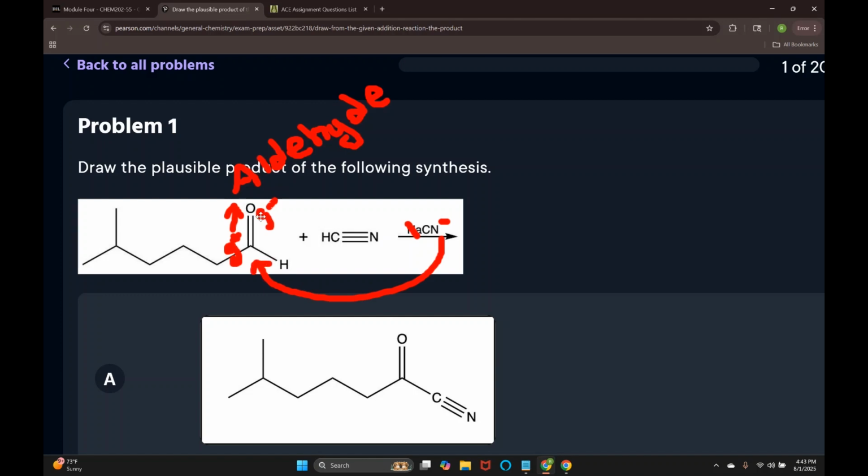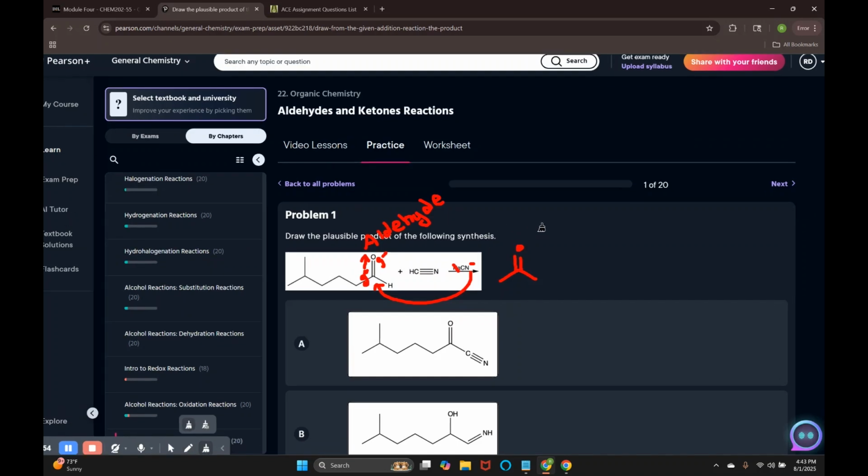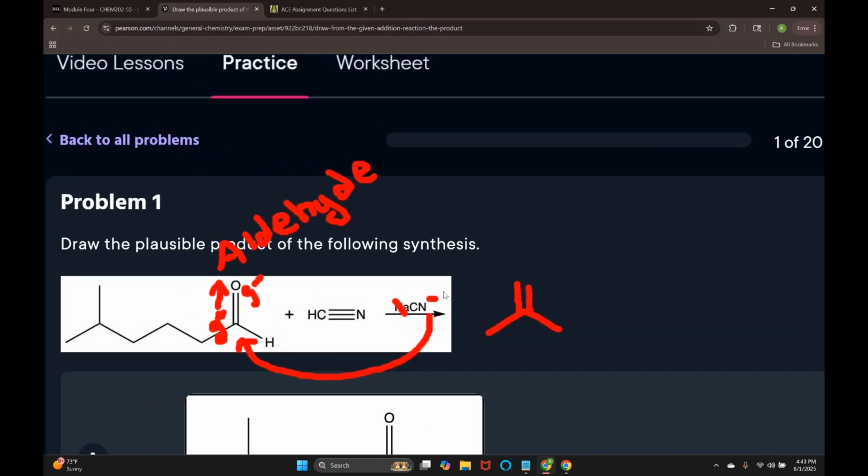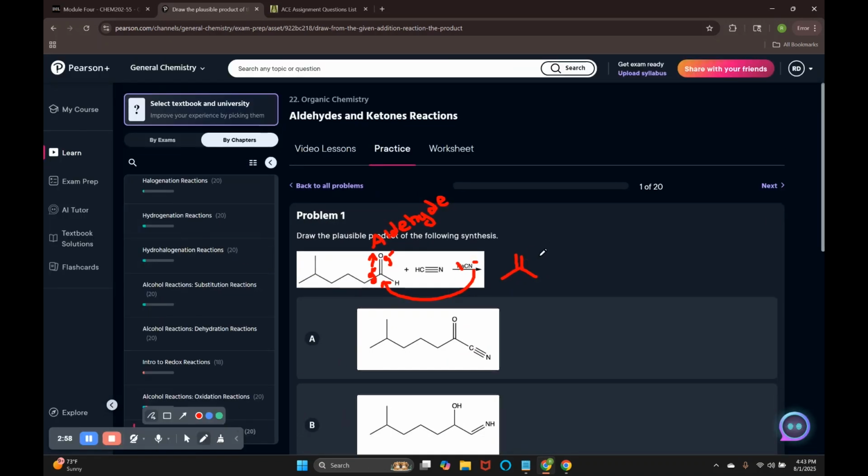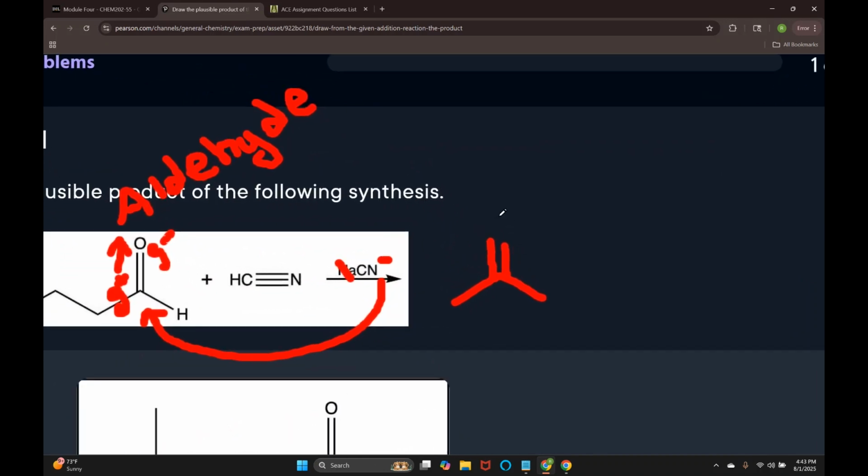And because it attacks right here, let me go ahead and redraw it just because I'm running out of room here. I'm just going to draw our aldehyde portion because it's going to be very difficult to draw the whole molecule and still have room. All right, so our cyanide comes over, it attacks our partially positive carbon.